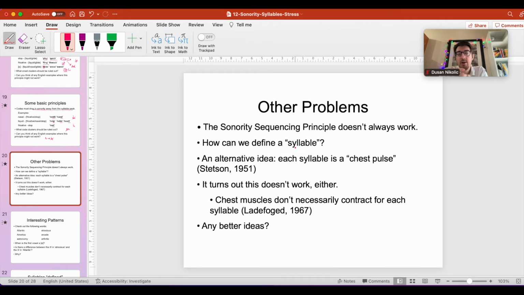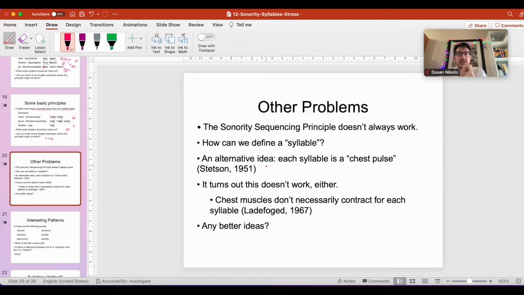However, there are more violations and exclusions, but the problem is in defining a syllable, right? How can we define a syllable? What is a syllable? We cannot just say it's sounds blended together. That's okay, phonologically, but phonetically, what works? What's a syllable? Why do we need it at all?